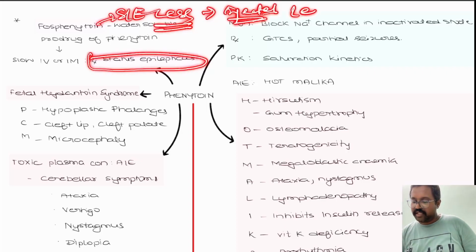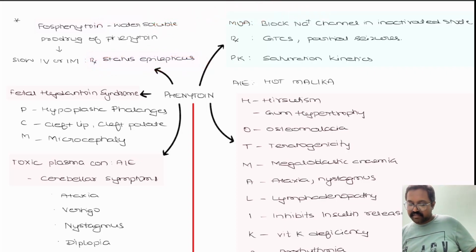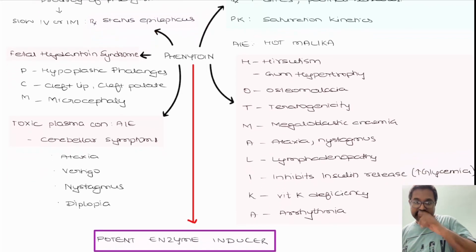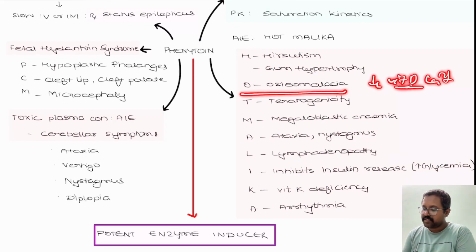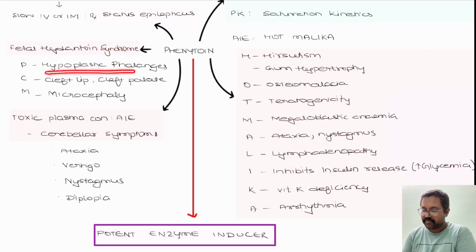especially the injection site related side effects will be less. And next, the adverse effects can be remembered in the form of the mnemonic, that is HOT MACS. H stands for hirsutism and hypertrophy, that is gum hypertrophy. O stands for osteomalacia, because of decreased vitamin D as well as calcium absorption from the gut. Teratogenicity, that is fetal hydantoin syndrome, characterized by hypoplastic phalanges, cleft lip, cleft palate, and microcephaly.